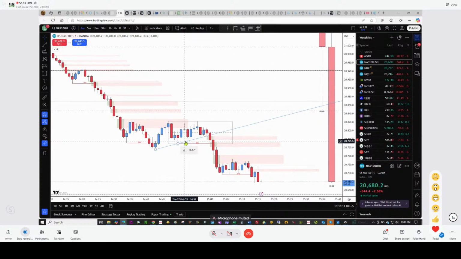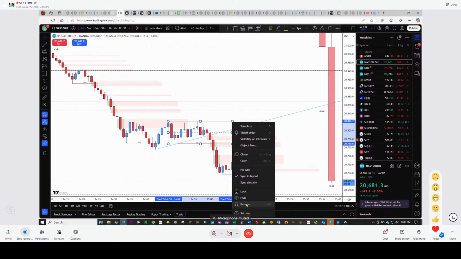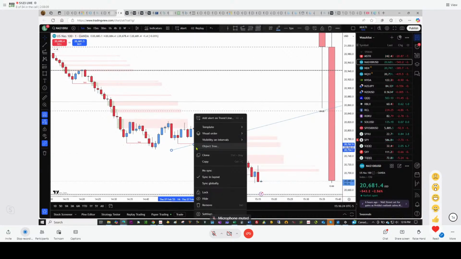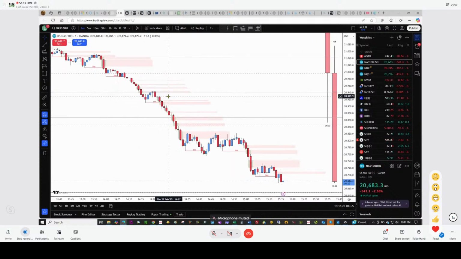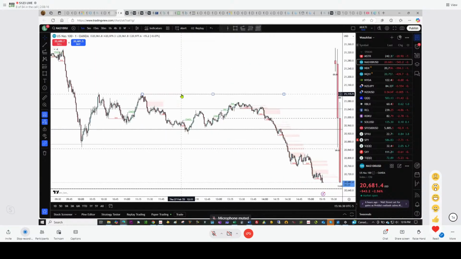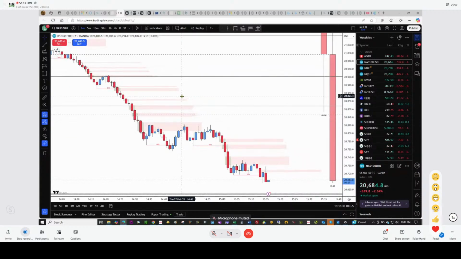So this line is no longer valid. I'd have to find something over to the left to hook up to this side. At this level, there isn't anything on the 1 minute. We're in no man's land right now.